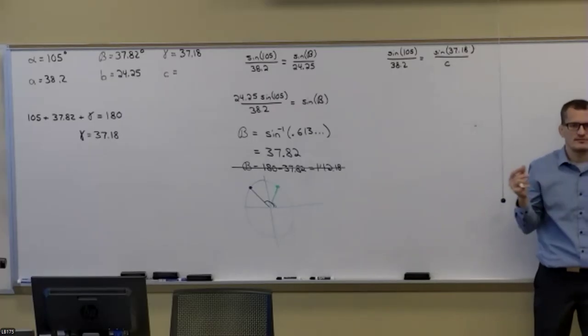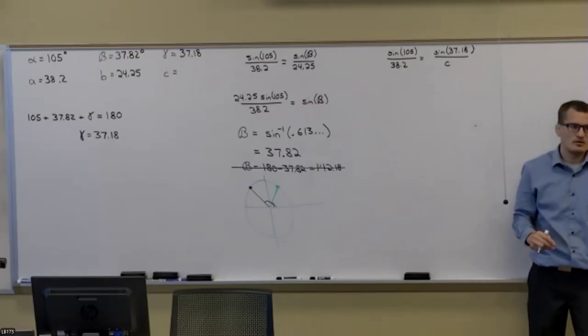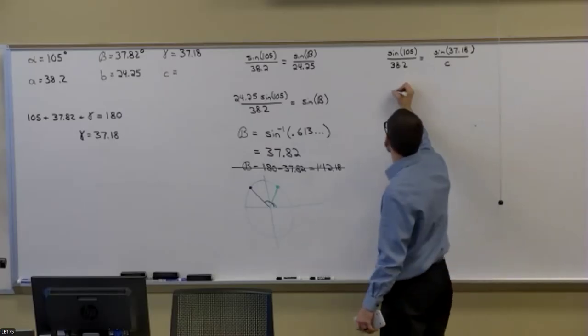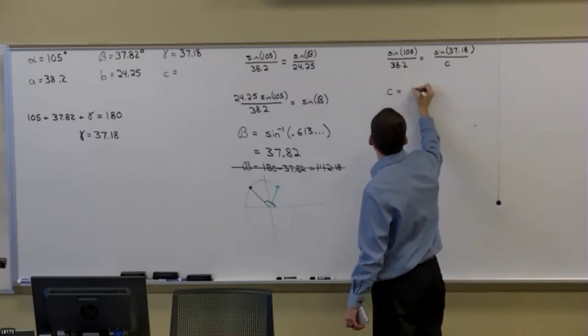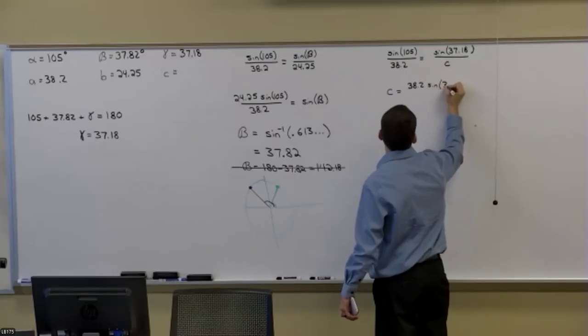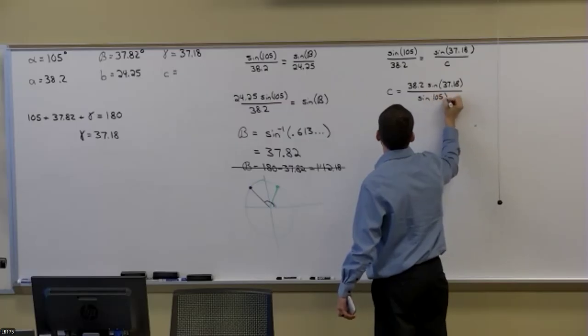So that's sine of alpha over A equals sine of gamma over C. And then just like we've been solving, 38.2 times the sine of 37.18 divided by sine 105.